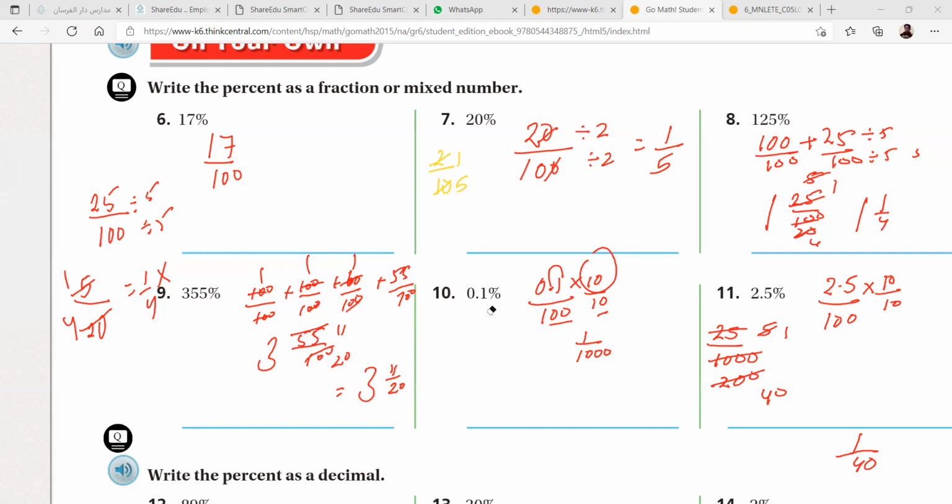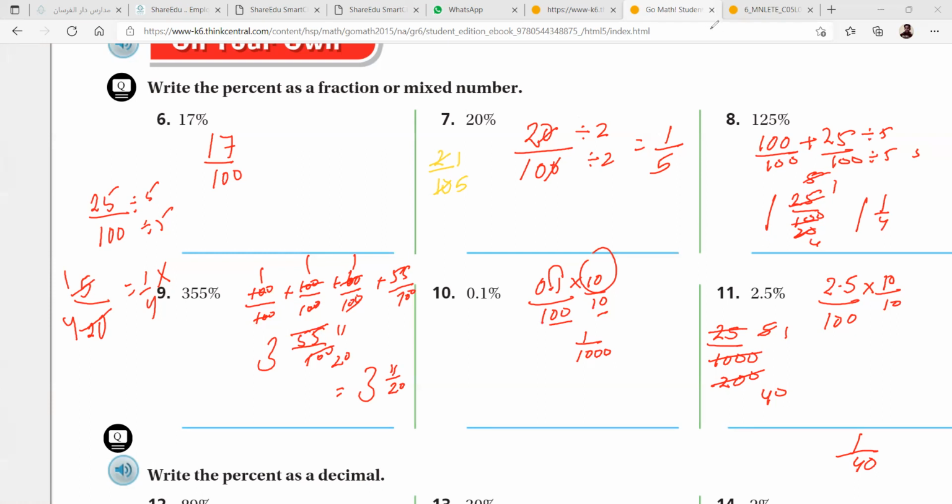Miss, from where did you get this one? 100 over 100 is 1 whole. May I, girls, go to the next question?